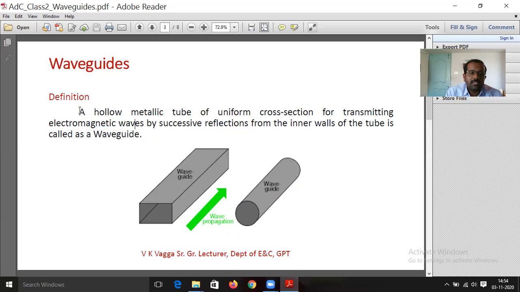A waveguide is any metallic tube of uniform cross section used for transmitting electromagnetic waves by successive reflections from the inner walls of the tube. This is the technical definition of the waveguide.